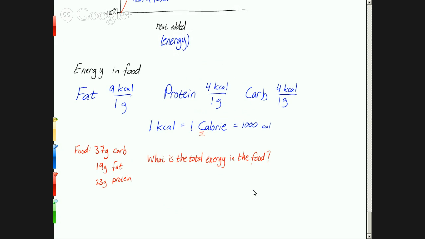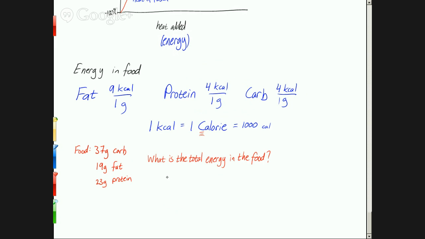Yeah, it's kind of a conversion. We want to take our grams and turn them into kilocalories. It's not really a conversion because it's not the same type of unit, but we can say we have 37 grams of carbs, and we know that each 1 gram gives us 4 kilocalories of energy, so we can multiply those and get our total energy.